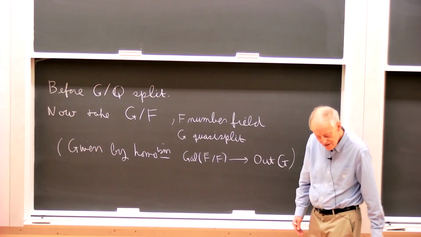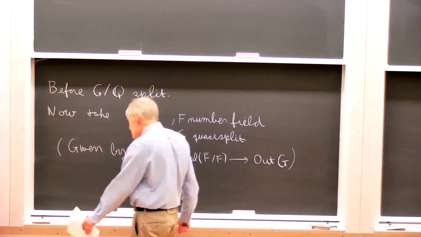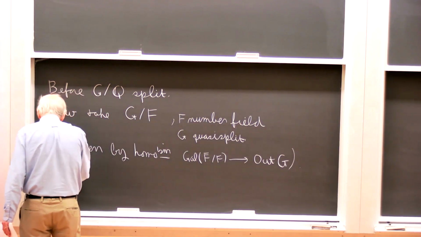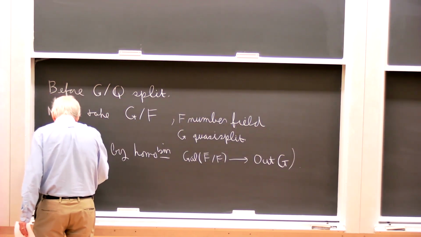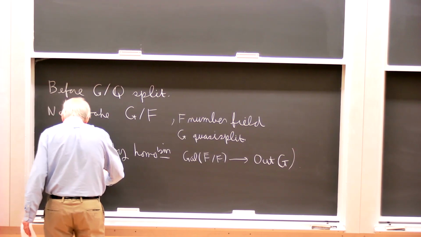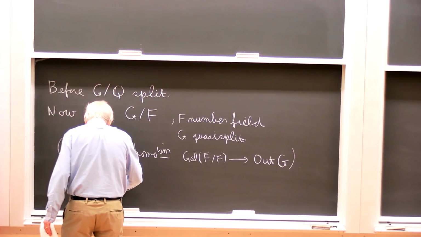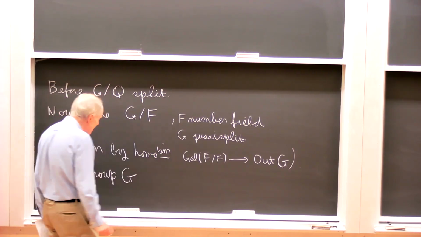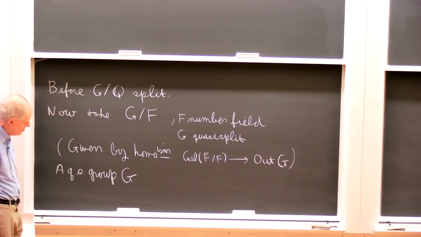I don't know if I've said this very well, but the point is that a quasi-split group comes with some extra data.